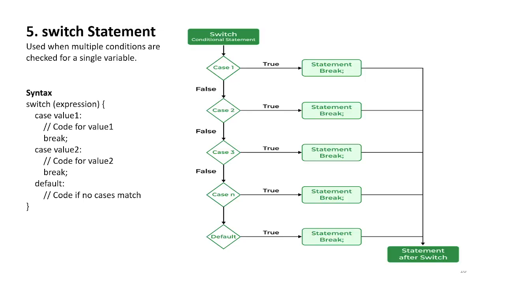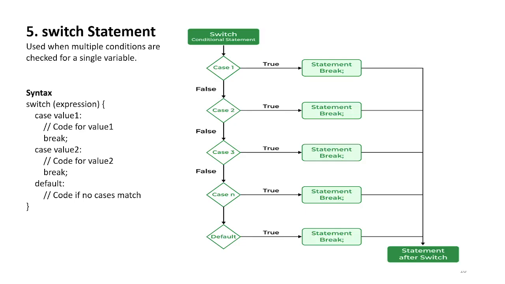The fifth statement, which is the switch statement. So what is the switch statement? It is used when multiple conditions are checked for a single variable. Let's say, in place of using if, else if and this type of thing, if we directly check from the user given expression, then we can use the switch statement, switch case.